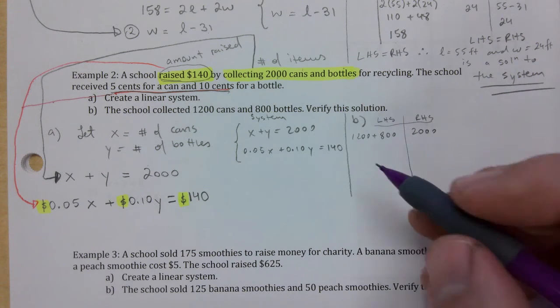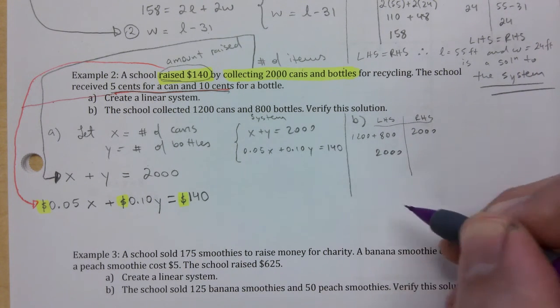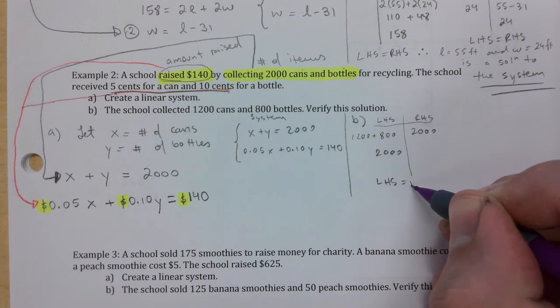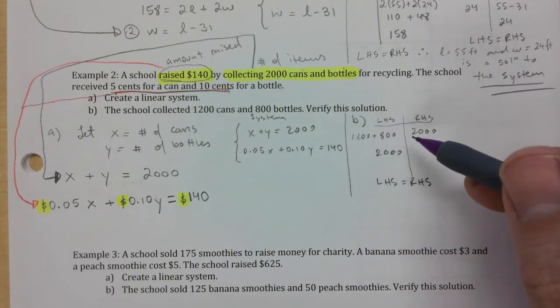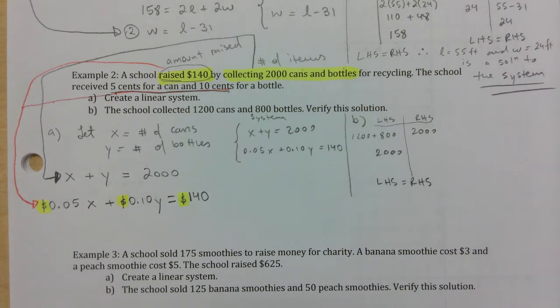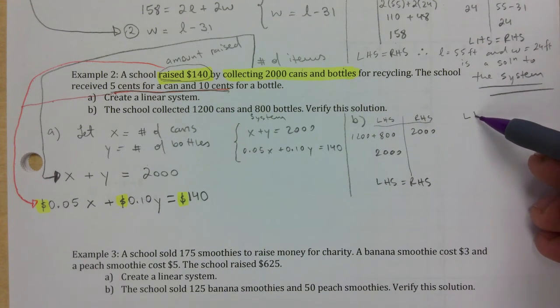So the left-hand side is equal to the right-hand side. You could have written out the actual equation first, like x plus y on the left and 2000 on the right, but I don't really need that. It's fine just to leave it like that.